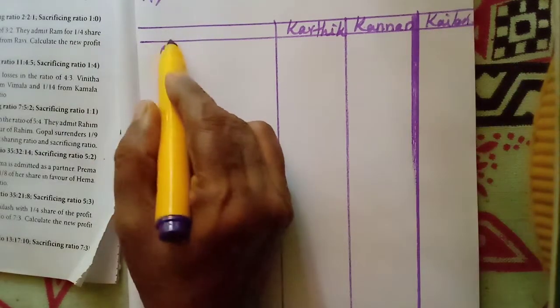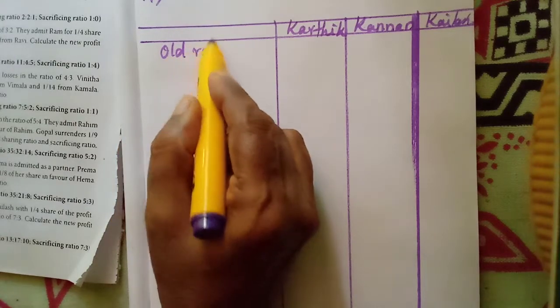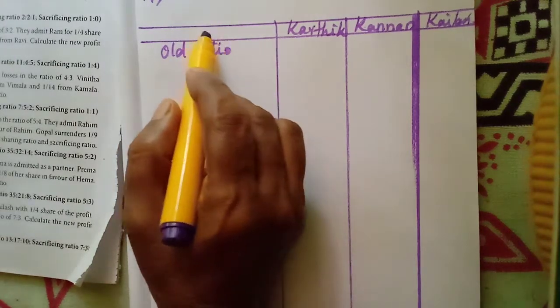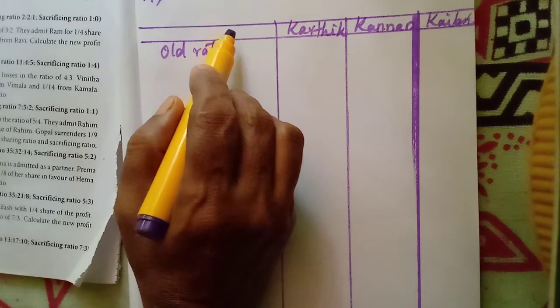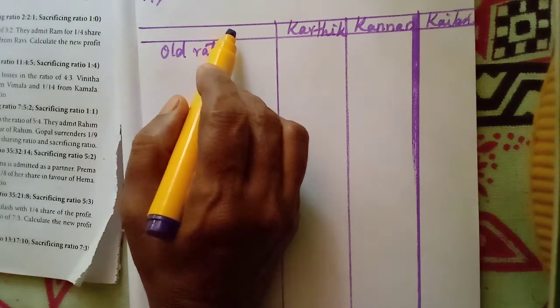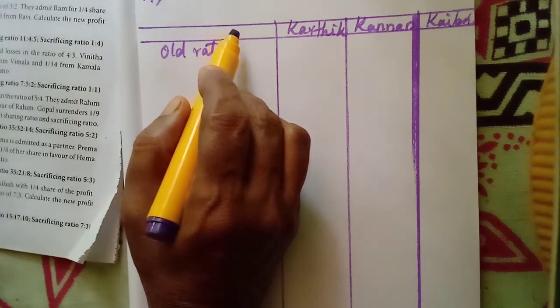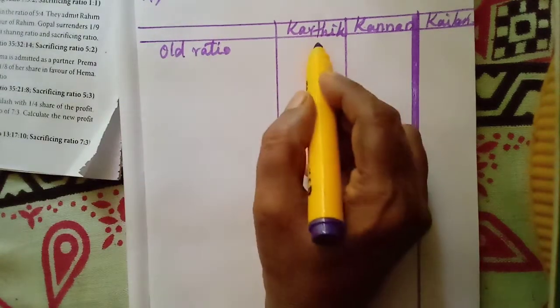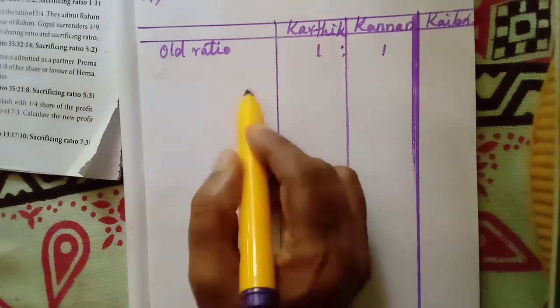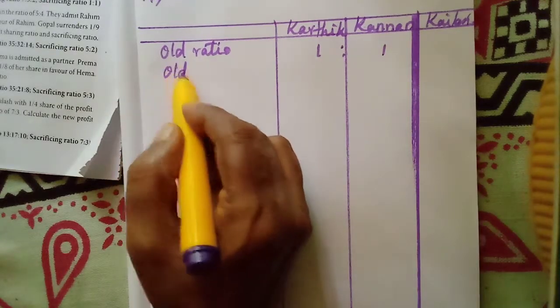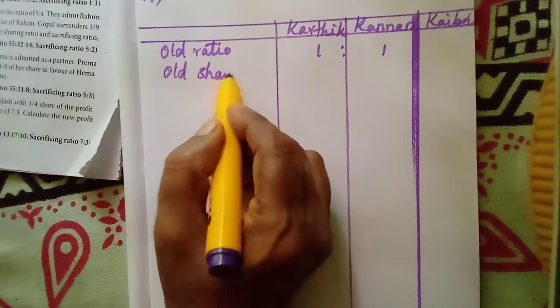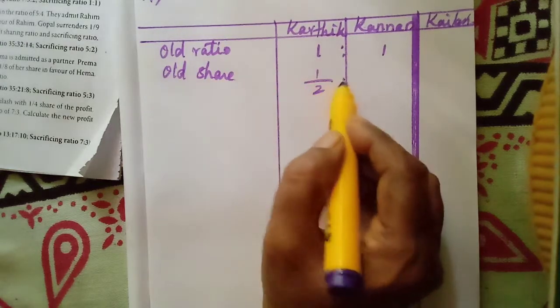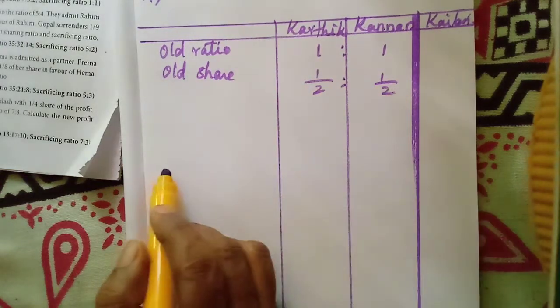First old ratio. Equal partners, isn't it? Equal partners means 1:1. So old share 1 by 2 is to 1 by 2.